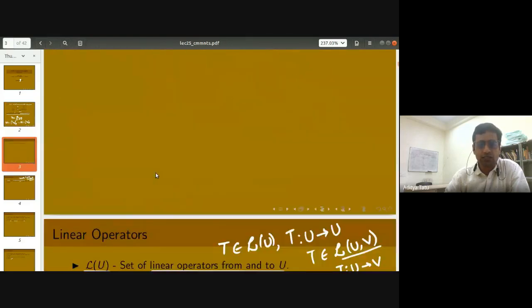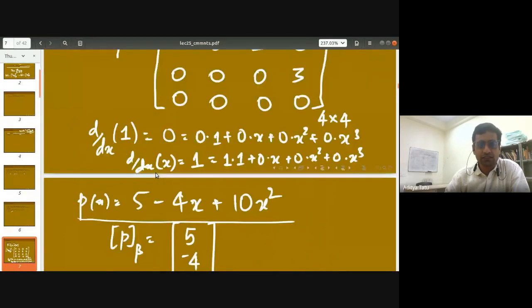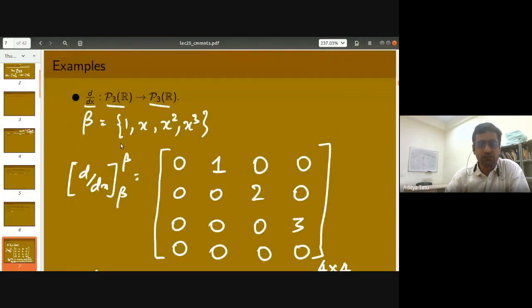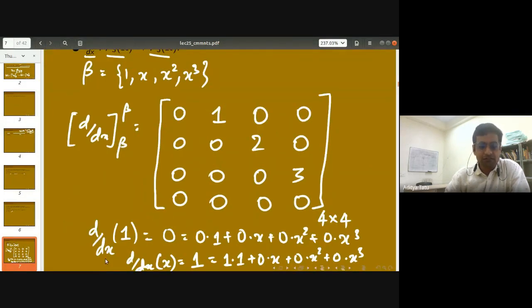What is U1 in this example? U1 is this first basis, which is the constant polynomial 1. Then I will apply the transformation to this first basis. I get 0, right? Now, how do I write 0 as a linear combination of these bases?